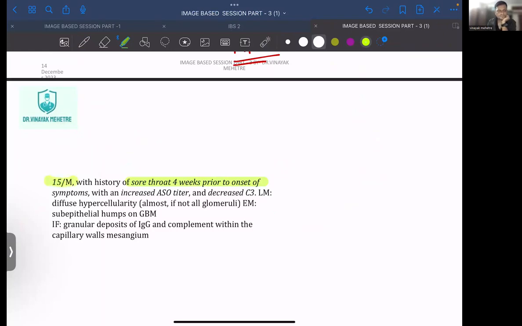Child, right? And biggest hint, subepithelial humps.